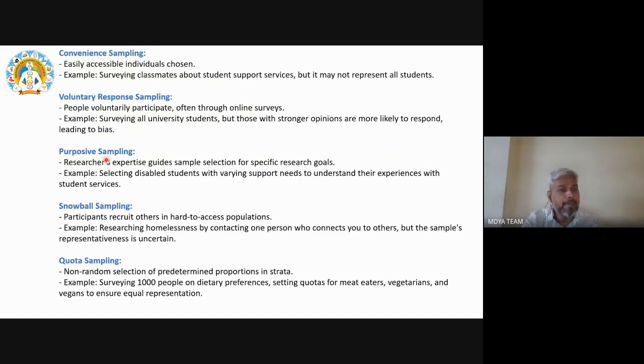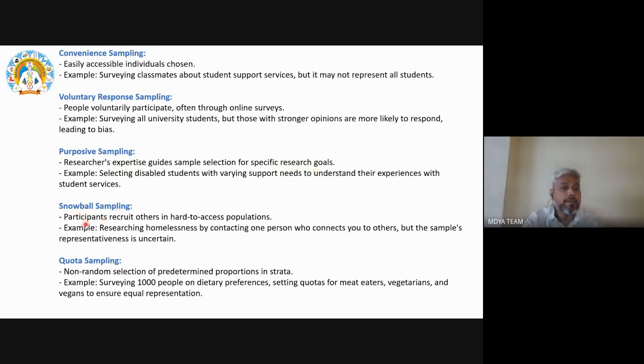And purposive sampling, researcher's expertise guides sample selection for specific research goals. It has a purpose, so it is called purposive sampling. Example, selecting disabled students with varying support needs to understand their experience with student services. So where researcher expertise guides sample selection for specific research goals is called purposive sampling.